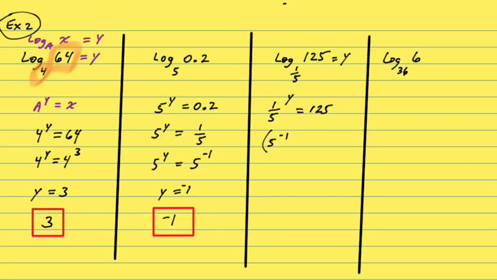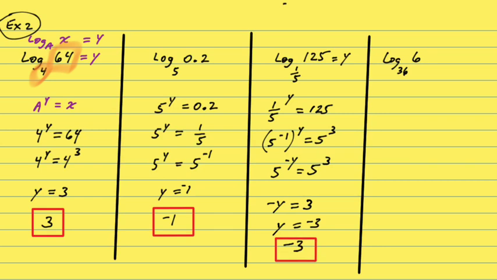That's 1/5 is 5 to the -1. Power to a power, we multiply exponents. My expressions are equal, the bases are equal, therefore the exponents have to be equal. So this value is -3.